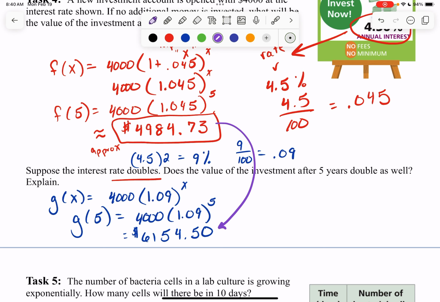If we subtract that $4,000 off, I made $2,154.50. Earlier I made $984.73. The amount of money I got out of it more than doubled, didn't it?